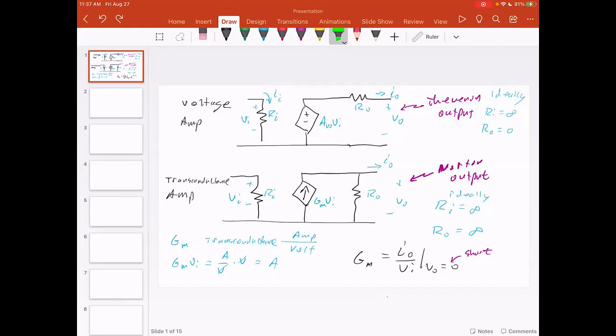We can turn that current into a voltage by running it through a resistor, but transistors are transconductance amplifiers. Virtually all of them are. BJTs are too. They're not exactly ideal. They don't necessarily have zero output resistance, but they're absolutely transconductance amplifiers. And so this shows up all the time in amplifier circuits, because we have transistors. This would be the model that we use to represent a transistor.